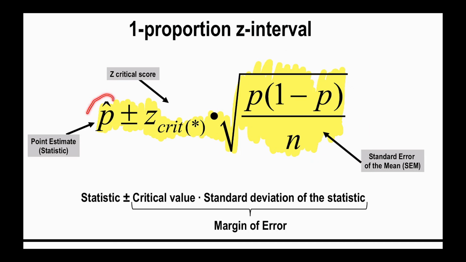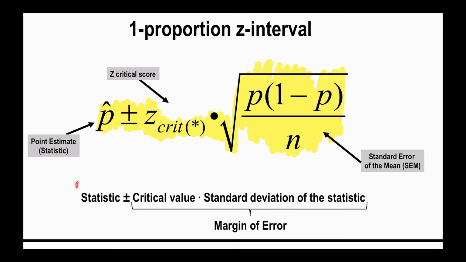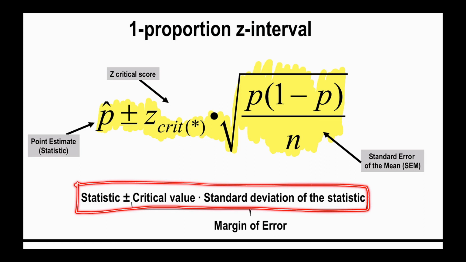Because all you're doing is taking P hat and Z critical. That's not anything calculated. Z critical is just from our chart. P hat comes from the question itself. This is the part you have to calculate, right? So this part right here is given to you on the test, on your sheet, the back of the sheet.